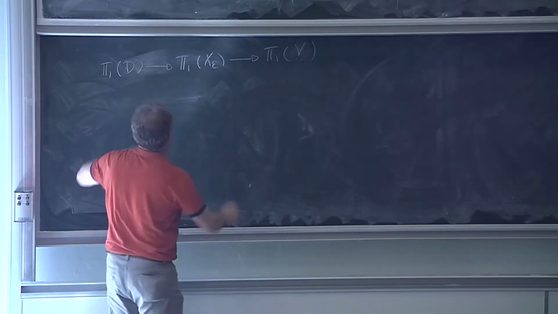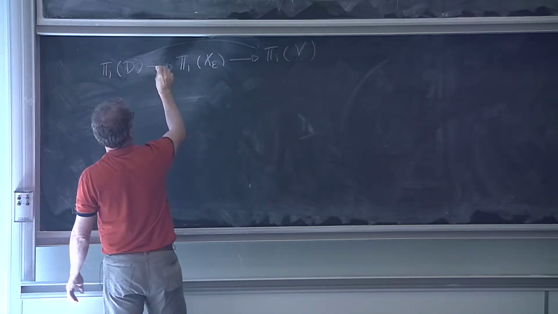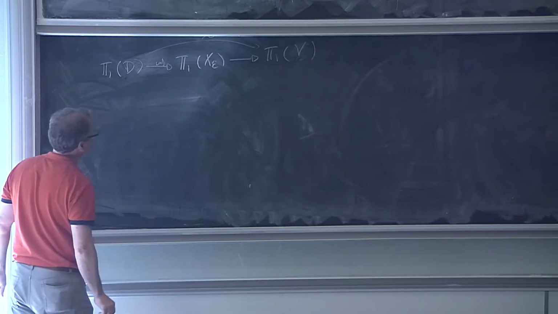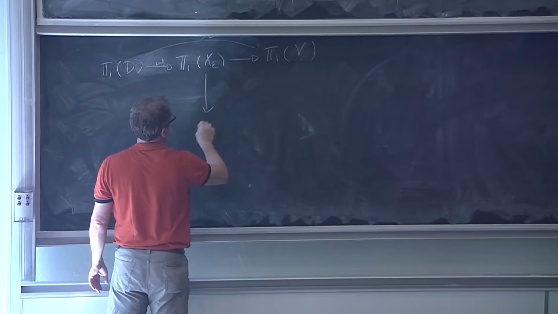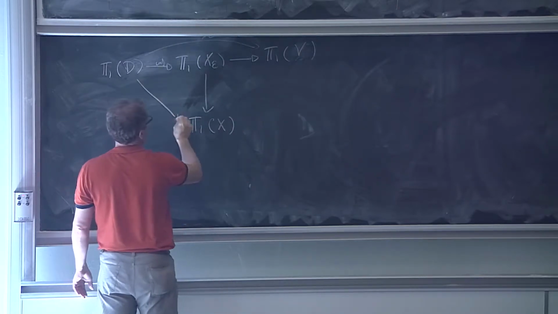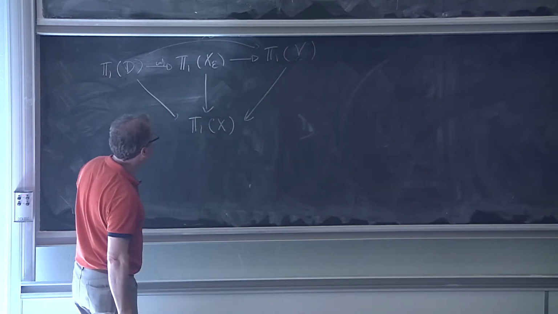So this is an isomorphism, which means that this map is injective. And now you have, this goes to P1 of X. And yes, and you have this.